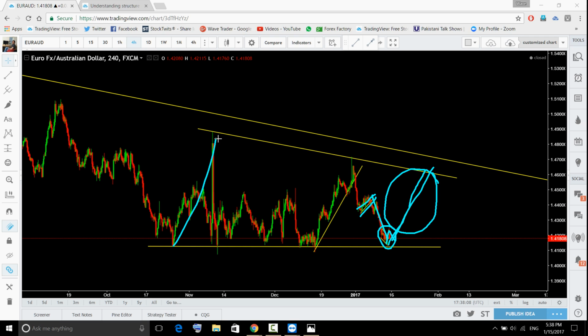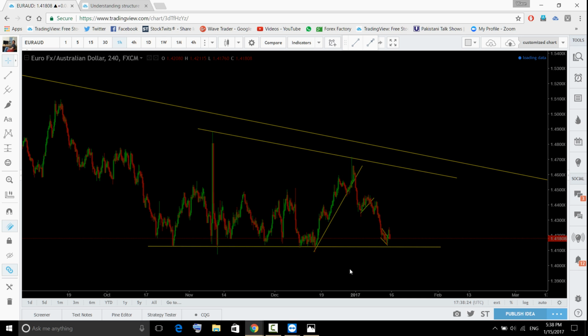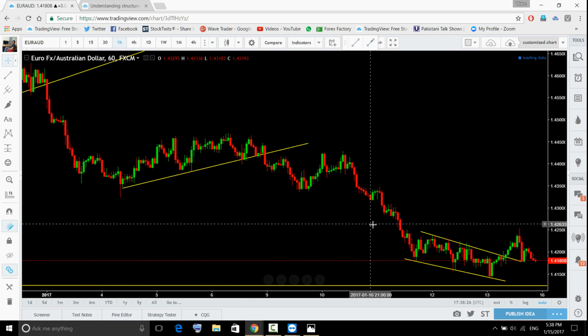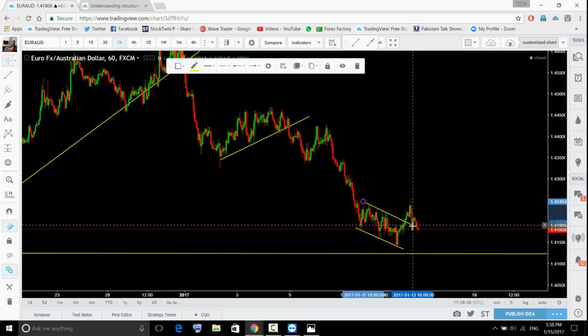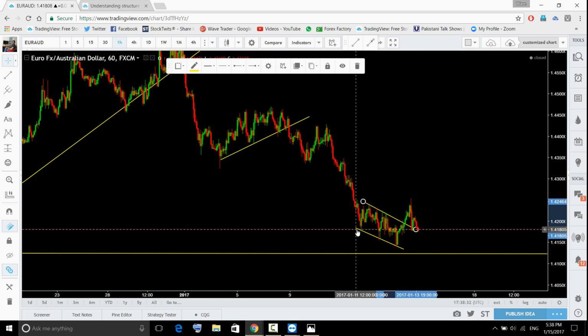So we will look for this move. We can see it is forming a triangle, and this triangle can break to the downside. Okay, so it can break from the current price as well. So we're going to watch for the confirmation. What kind of confirmation are we going to watch? The pattern we can see is reversal.